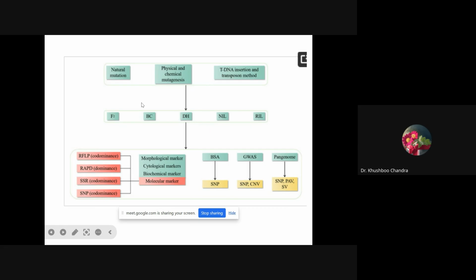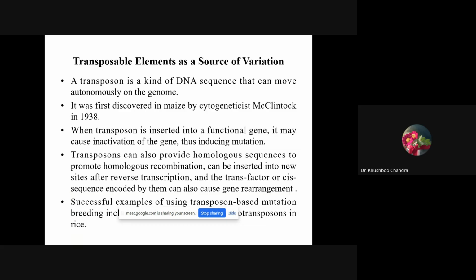So we have the different generation methods and populations, and with the help of different morphological and cytogenetical markers, we are identifying and utilizing the traits in a precise and efficient way.